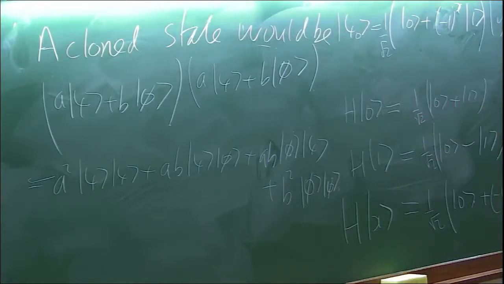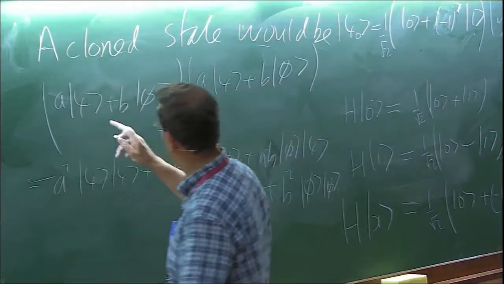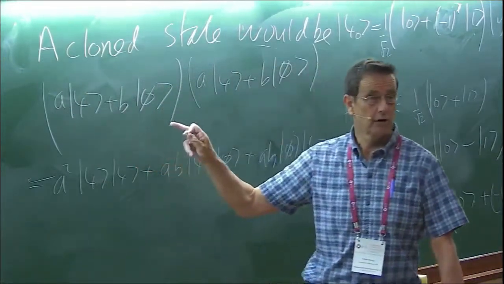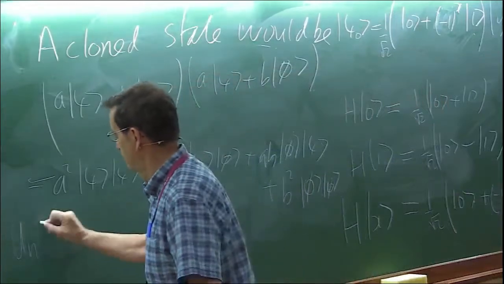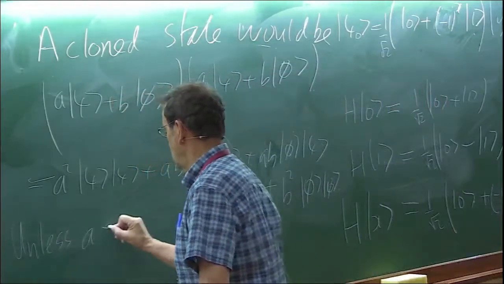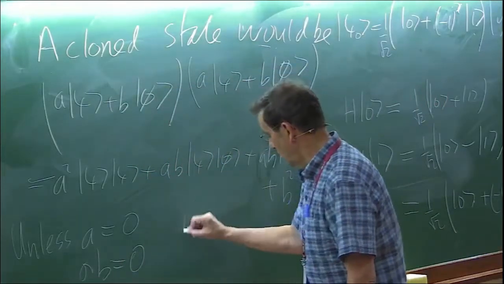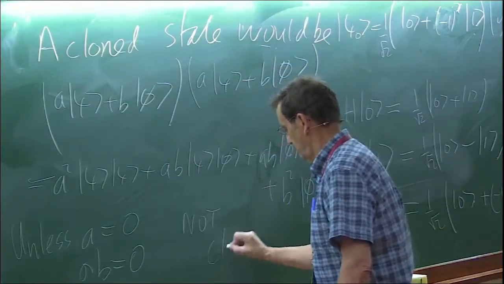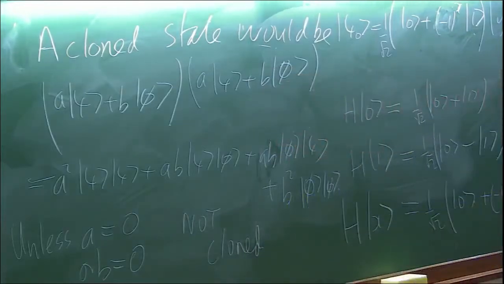So this is not the same as this unless either A or B was 0. So unless A equals 0 or B equals 0, we have not cloned. So this is a simple and pretty much obvious theorem, but which turns out to be important.